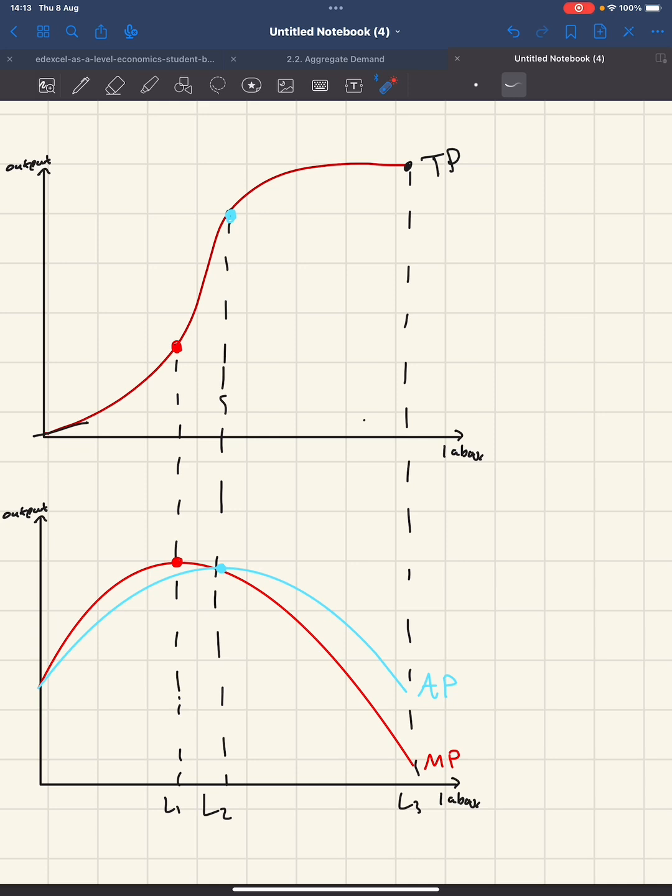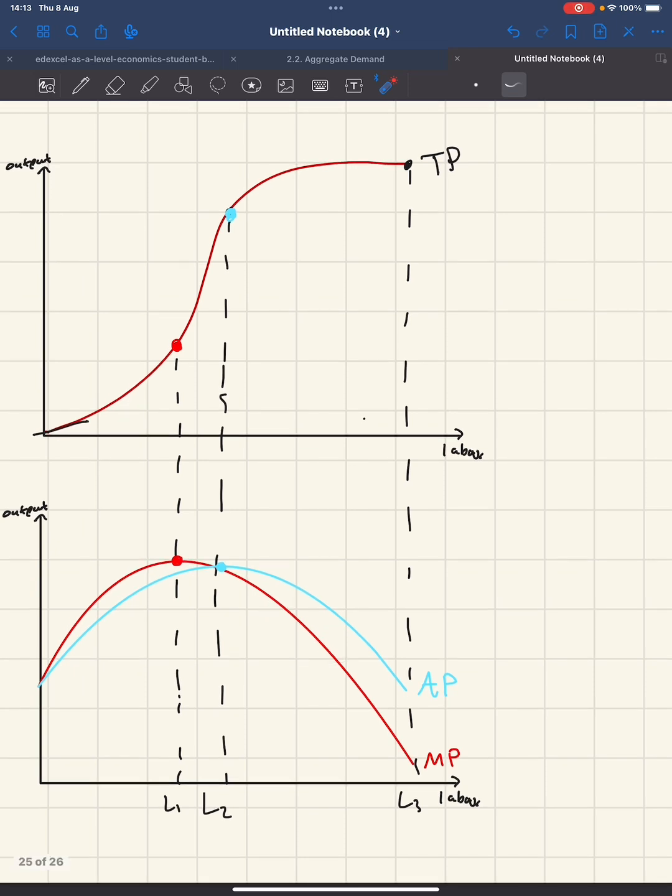So at that point, what is the rate of change of output with respect to labor? If we graph this on another graph down here, including marginal product and average product, we will get a graph that looks like this.